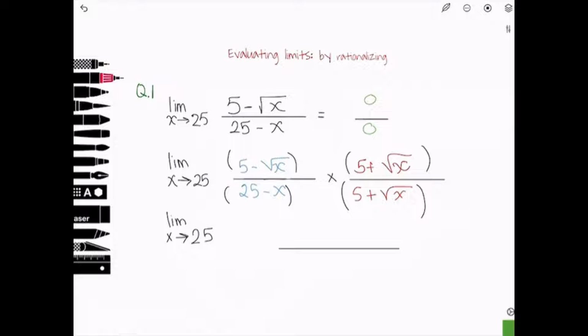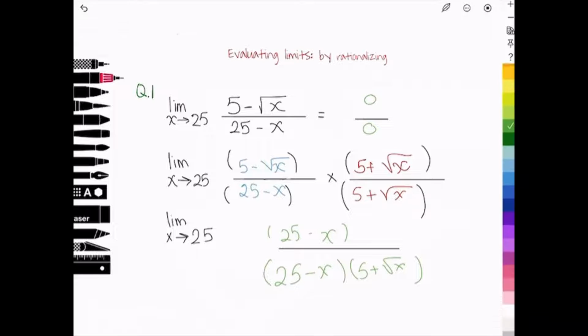We multiply. So 5 times 5, 25. Negative square root of x times positive square root of x would be negative x. So 25 minus x, and 5 plus square root of x, we'll copy paste down. So it would be 25 minus x and 5 plus square root of x.